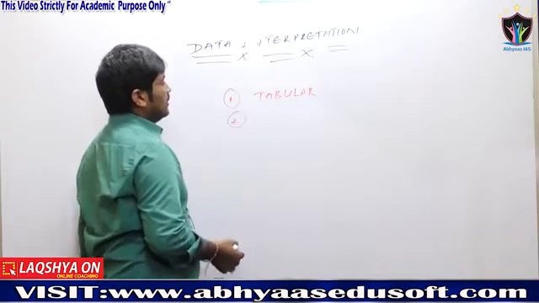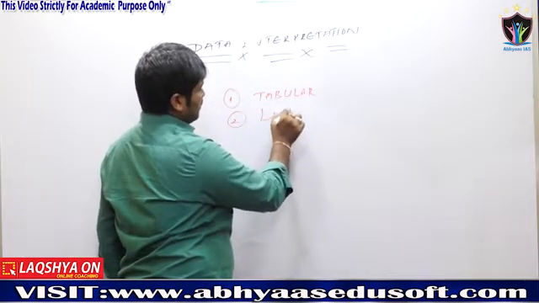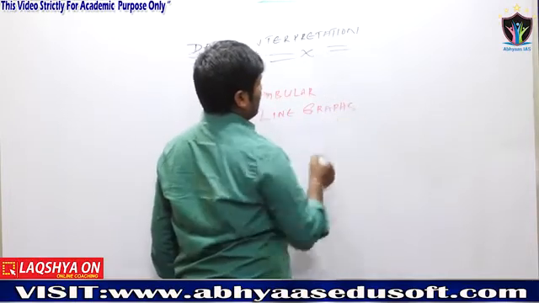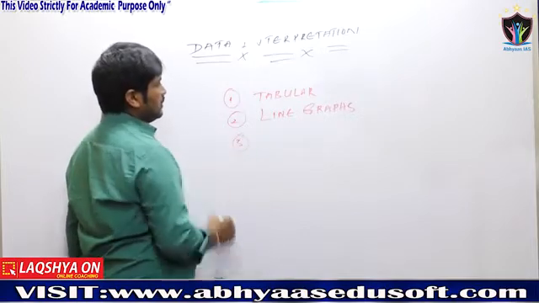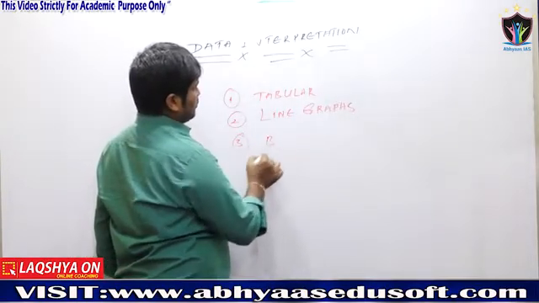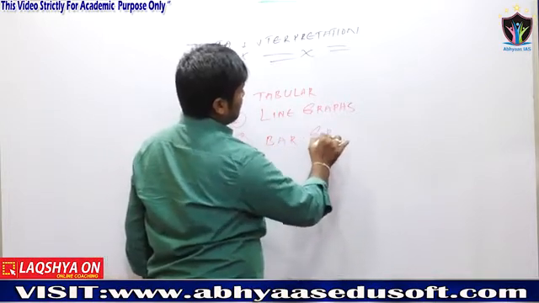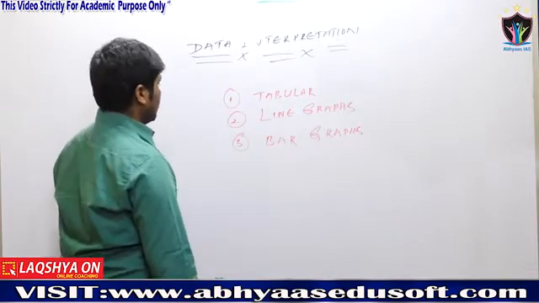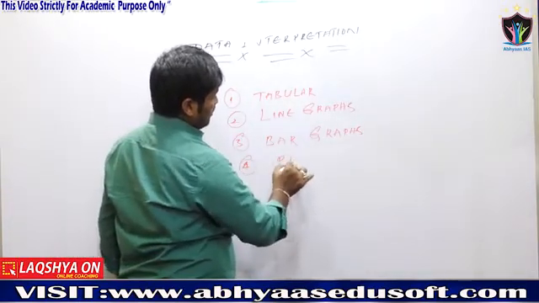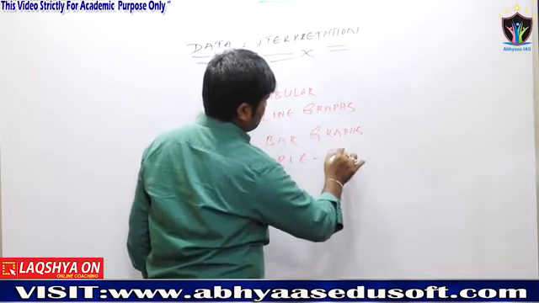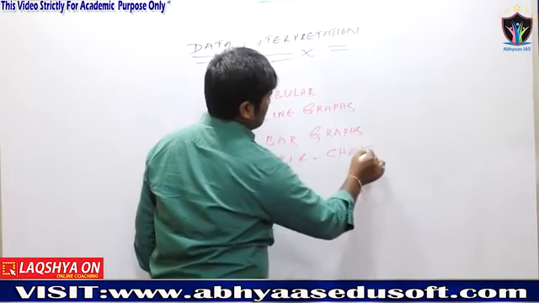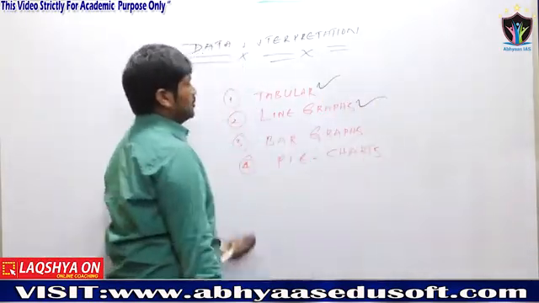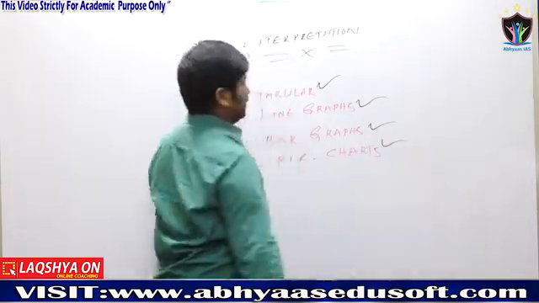The second one is line graphs, the third one is bar graphs, and the fourth one is pie charts.